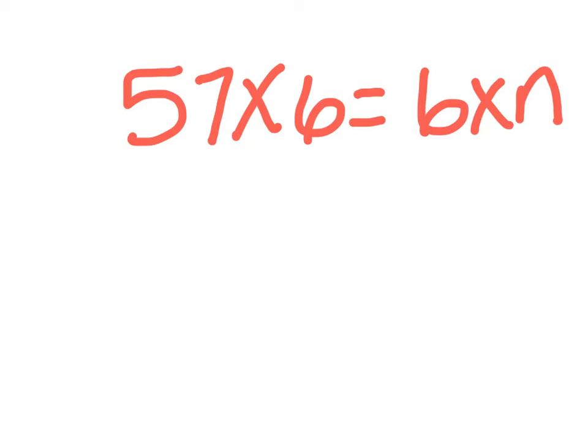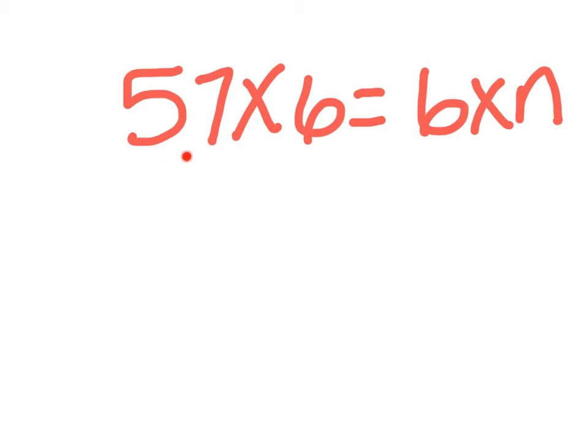Let's think about how the commutative property of multiplication could help you solve a number sentence where you have an unknown or a letter in your equation. Here we have 57 times 6 is equal to 6 times n. Well, you know when you have an equal sign that both sides of this equation have to be the same.